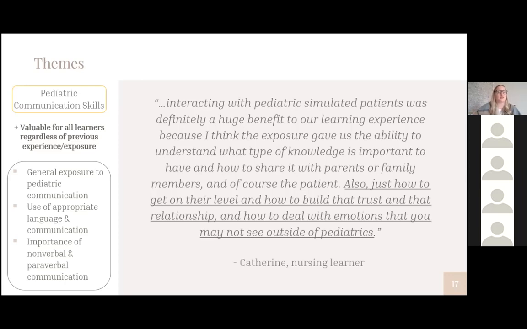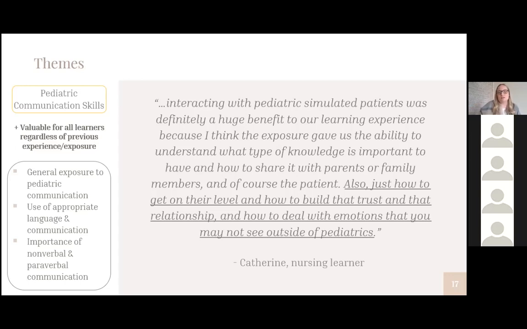They thought they would be able to use all the skills and methods that they had already learned and just adapt it slightly. What they realized was they really did need to go back to the basics and create a new approach for pediatrics specifically.